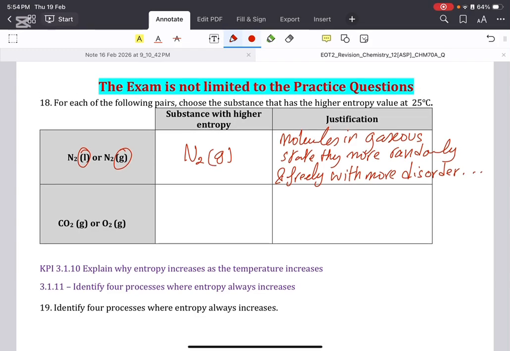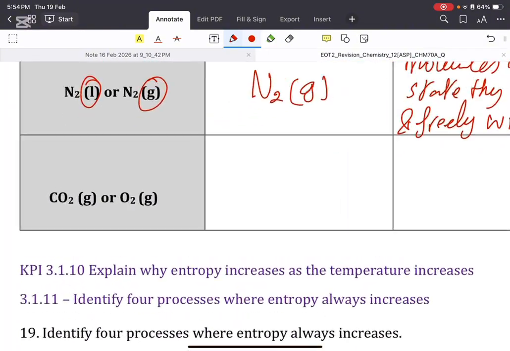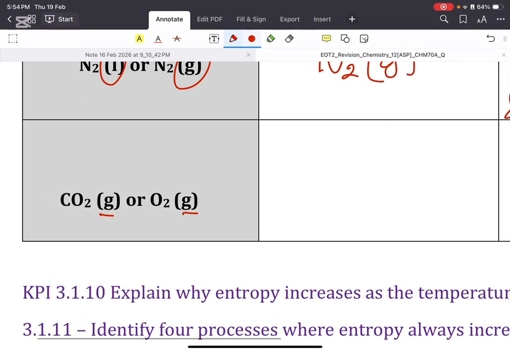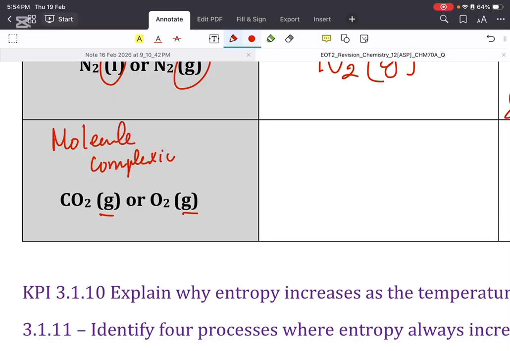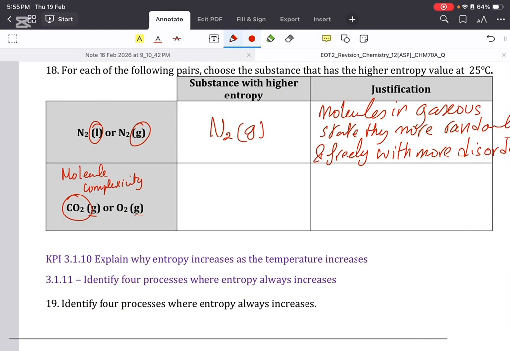Okay? Now, CO2 gas and O2 gas. These two compounds are both gas, so we're going to look at the molecule complexity. Which molecule is more complex? CO2.